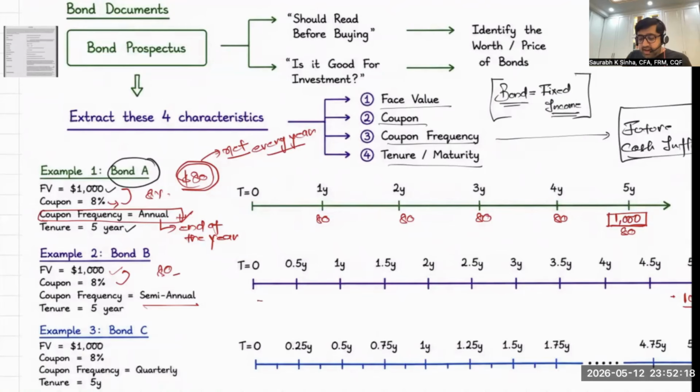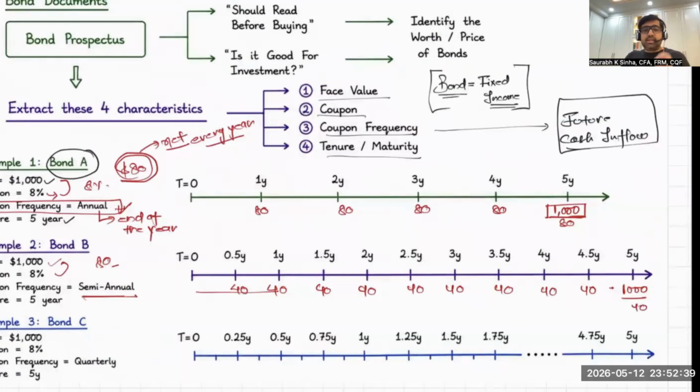So you will receive net 80, but in two parts because the frequency says semi-annual, which means every 6 months, you're going to receive 40, 40, then 40, then 40, and even at the last, you will receive 40. Is it clear? Yes, no. Everyone, this is important because if you cannot project the cash inflow, you cannot do the valuation.